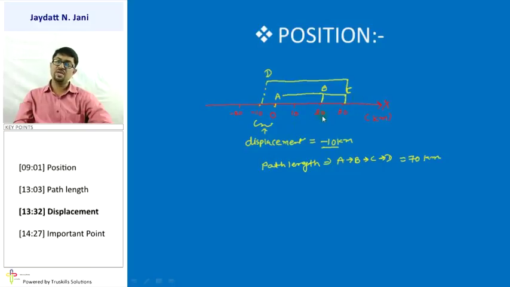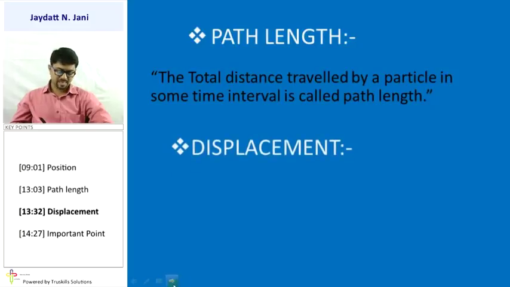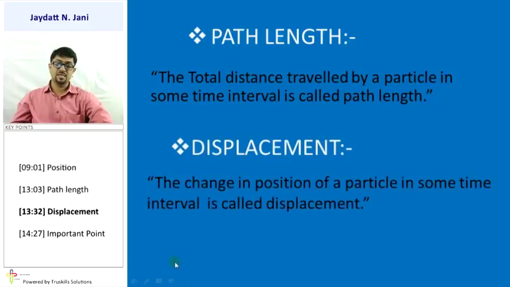Where the displacement is the change in the position. So now after path length, here we have the displacement, and as I mentioned, displacement means change in position of particle in some time interval is called a displacement.